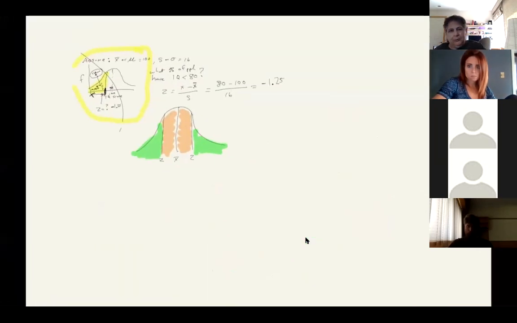we're going to do some more problems. We're going to do some of those ones that are based on IQ. What percentage of people have an IQ below 132? We did that in the last class. I'm not going to do it again. Just look at the notes from Friday.